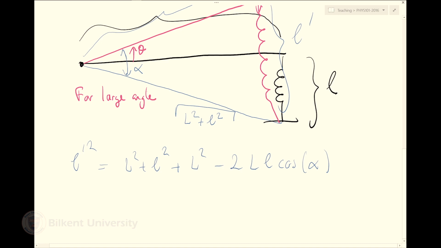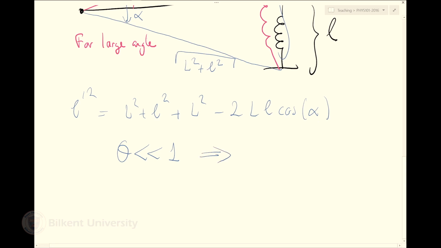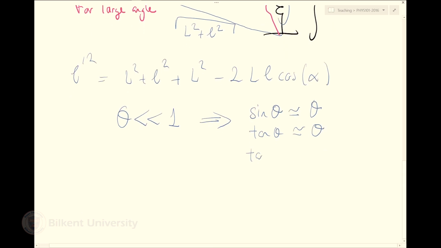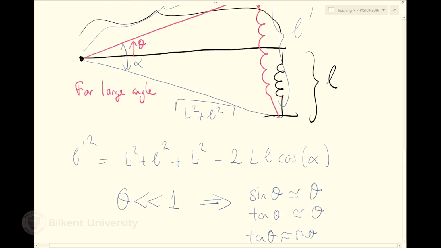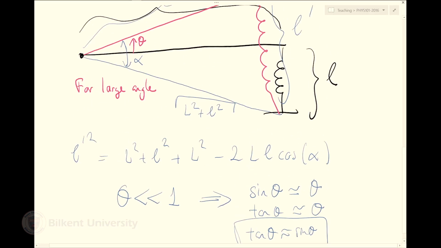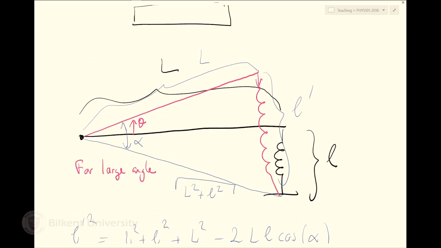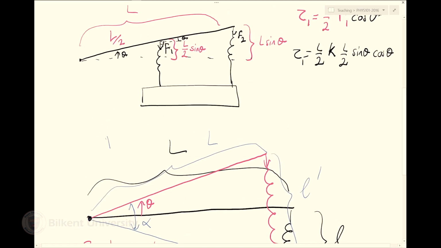What you will see is when theta is much smaller than 1, because sine theta is theta, but also tangent theta is theta, you can equate approximately tangent theta to sine theta. Because of that equivalence, I don't have to do this calculation. Don't need this.